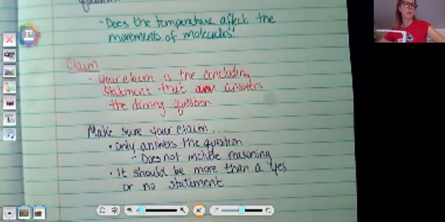You wouldn't just write, yes, it does. You would write, as the temperature increases, the molecules move faster, or as the temperature decreases, the molecules move slower. You are not just writing a yes or no statement.